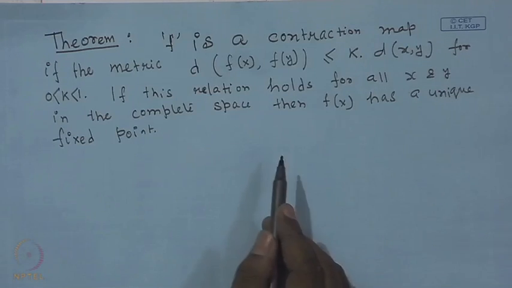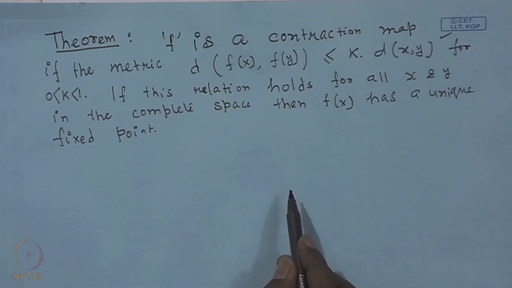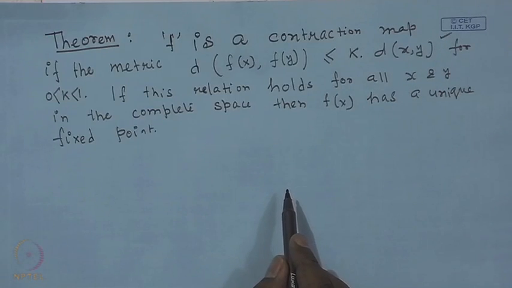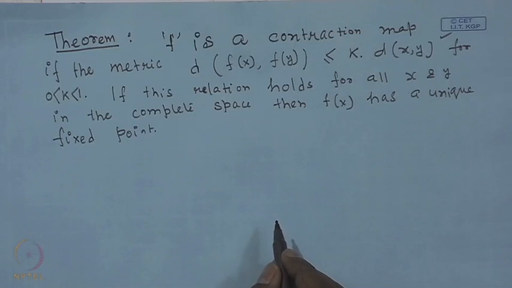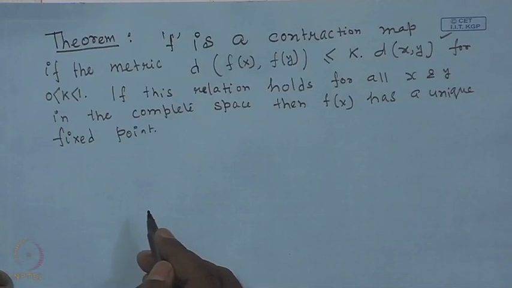So, this is a definition of contraction map. If the metric between f x and f y is less than k times the metric between x and y, where k is a fraction, and if this relation holds for every x and y in the complete space, then f x has a unique steady state. Now, what happens if this relation does not hold?